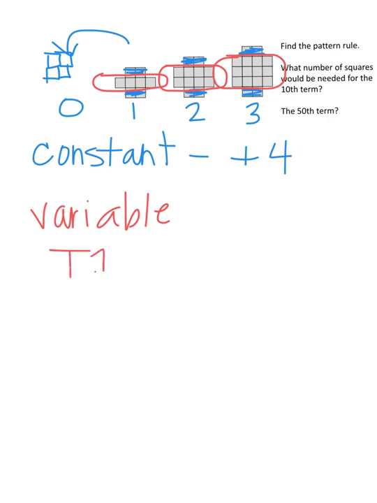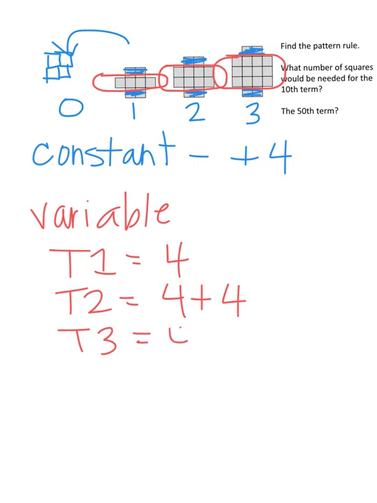So term one equals 4. Term 2 is 4 and another 4. And term 3 is 3 groups of 4, 3 of those rows of 4 added on.